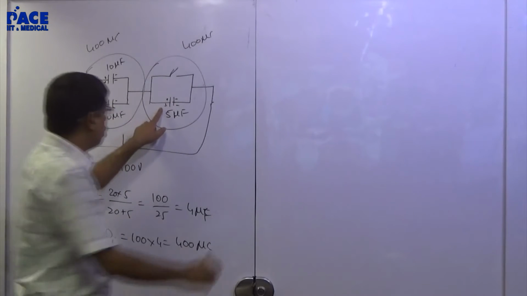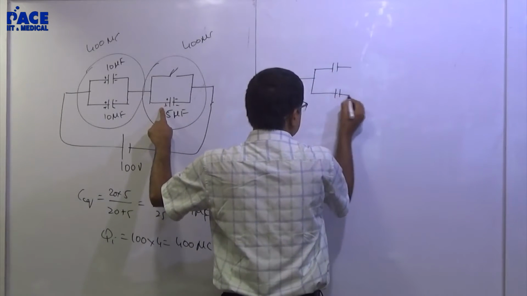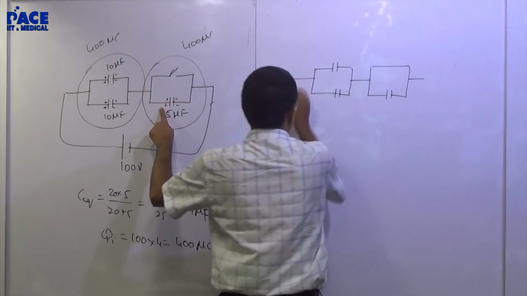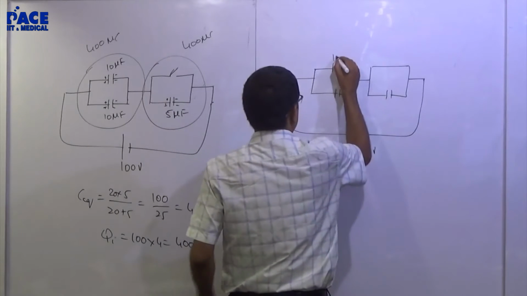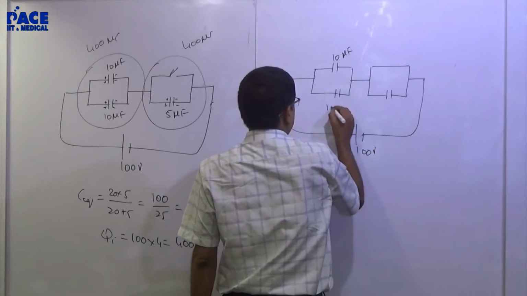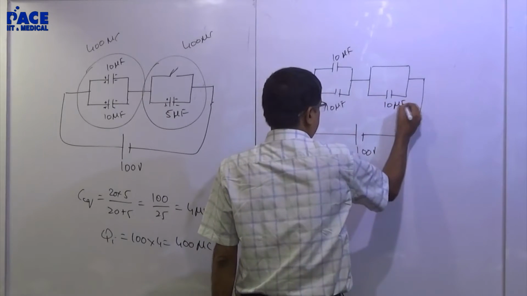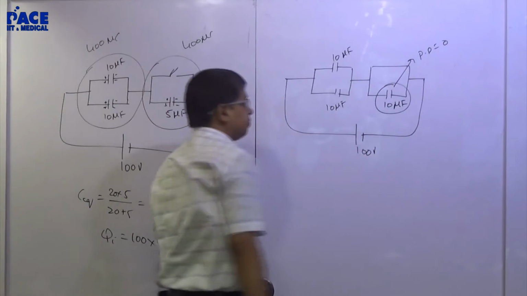When the switch is closed, this will go. I will have only this and this. I will have 100 volts. This is 10 microfarads, 10 microfarads, 10 microfarads. But the potential drop here is 0.